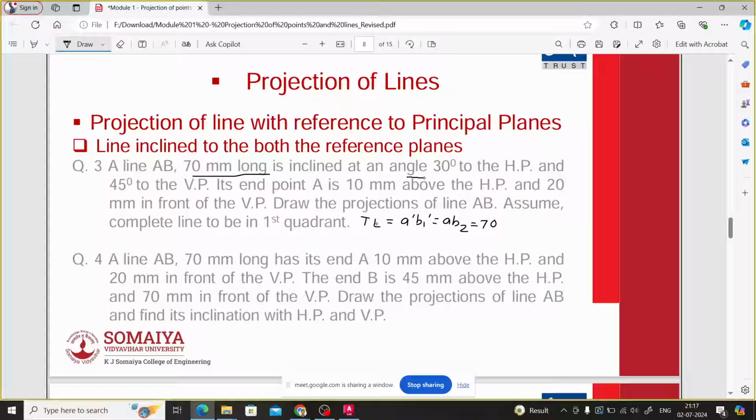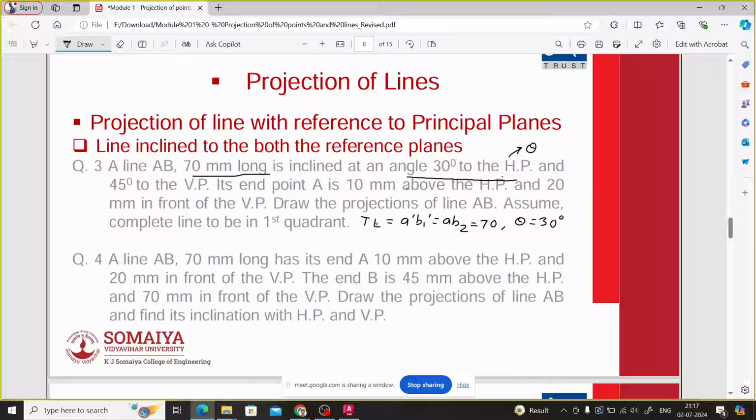It is inclined at an angle 30 degrees to HP. Now mind it, here it is not mentioned whether it is theta or phi, but the angle is made with reference to HP, so we will always call it theta. Now understand who is making the inclination.